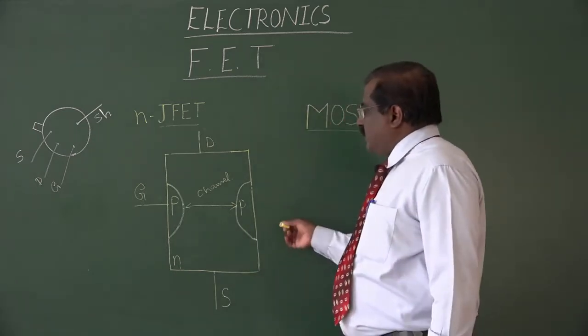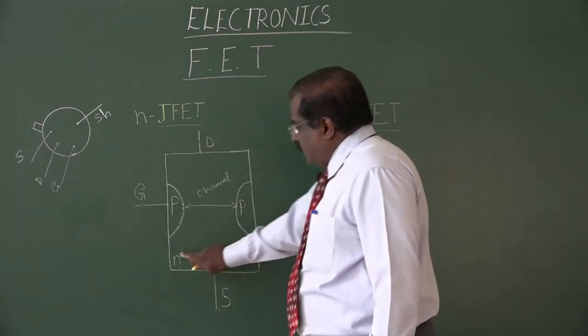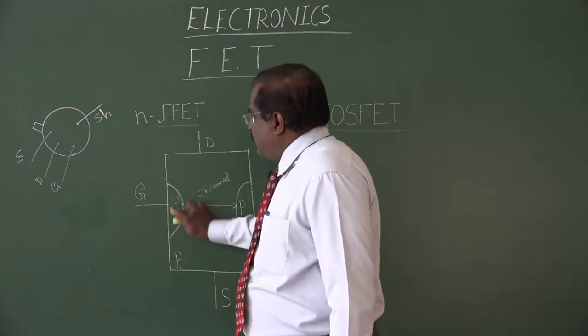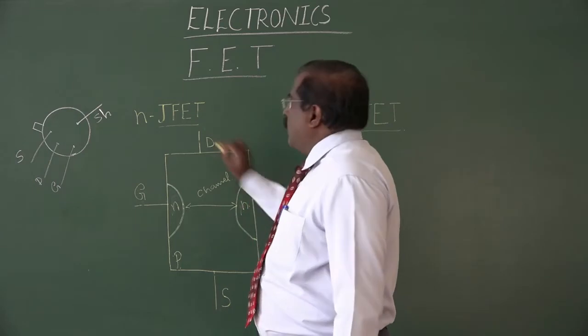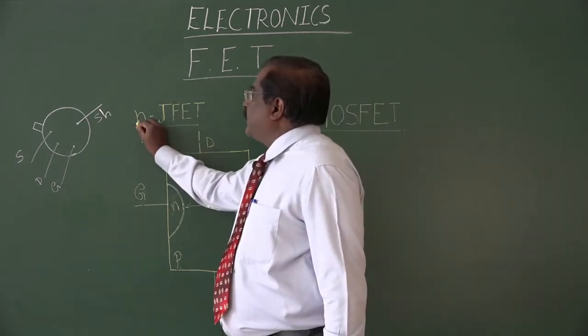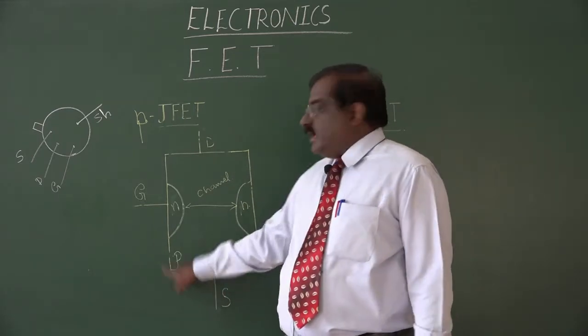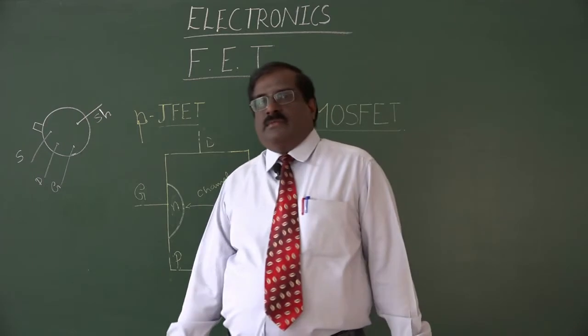Now if we have the same for the P-channel, this is replaced by a P-type semiconductor bar and the doped region is replaced by N. So on the P-type semiconductor bar, in the middle we dope the N-type semiconductor.